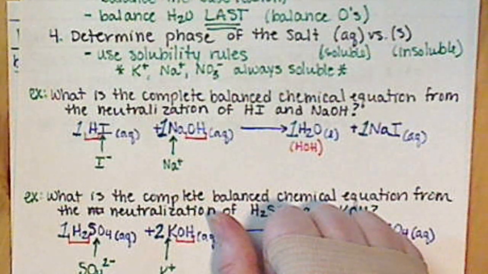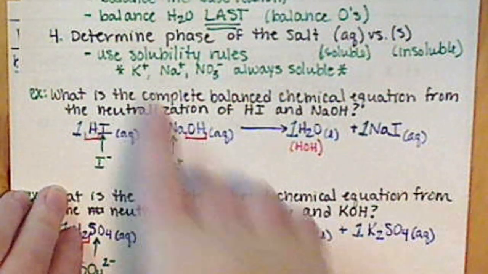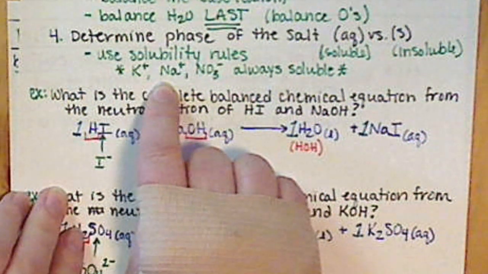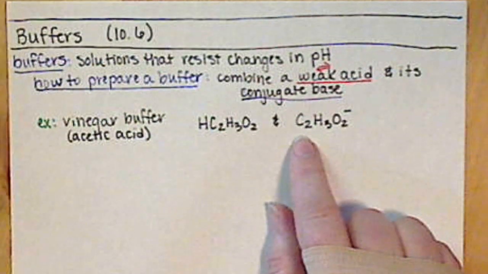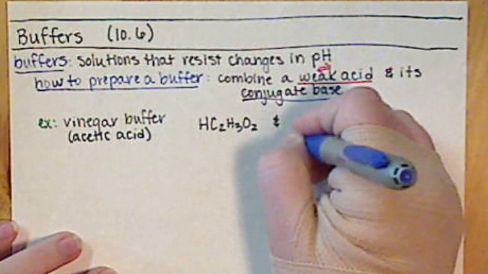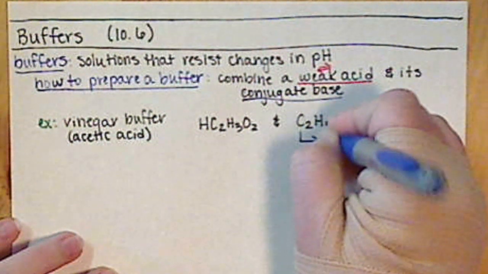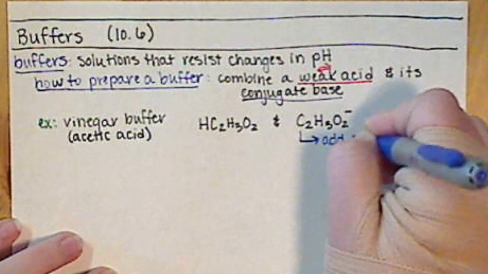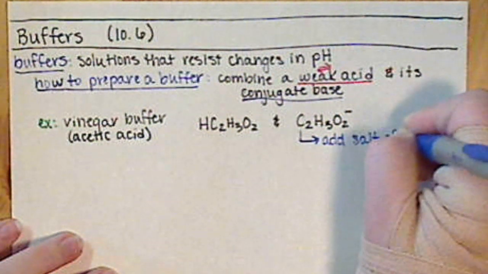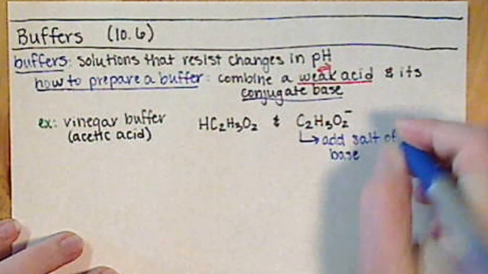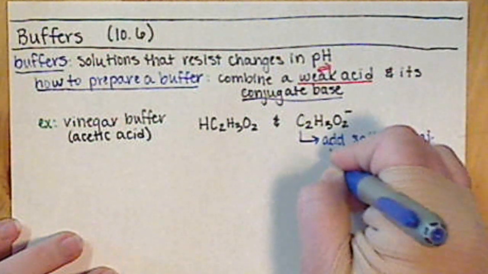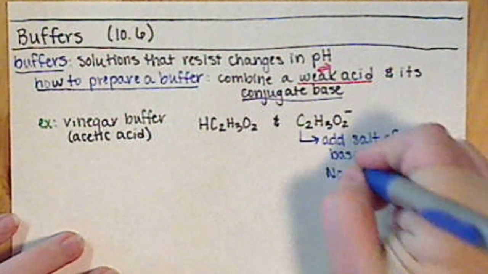Okay, or we can choose anything else that's going to be soluble, but typically these are the most common that are chosen. Okay, so in order to get a solution of our base, or our conjugate base here, is we are going to add the salt of the conjugate base. Okay, in this case, we'll say add a sodium acetate.